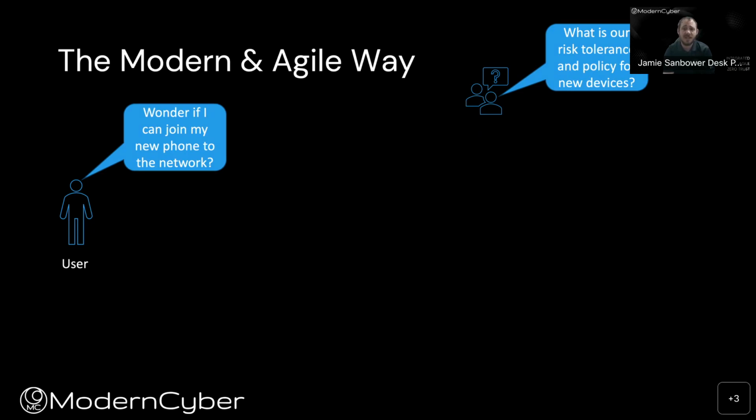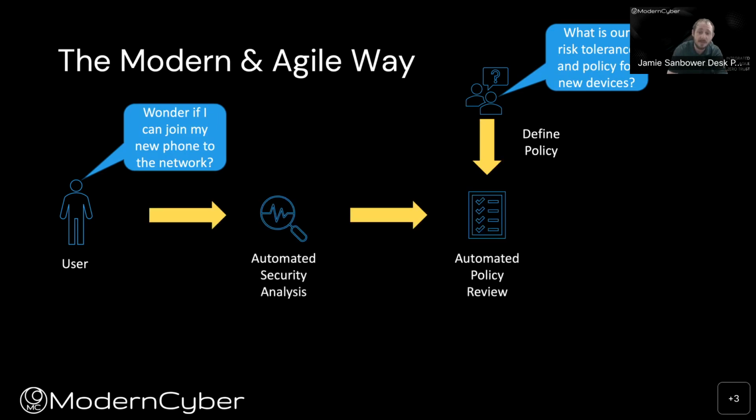And they should be thinking about risk tolerance and policy for new devices, new applications, etc. And they should be then applying and influencing that defined policy into something that can be automated from an enforcement standpoint.